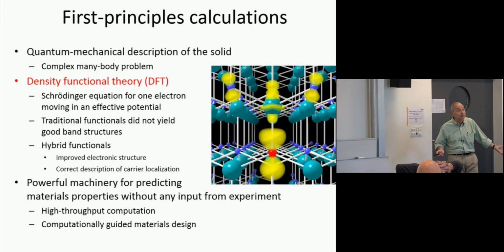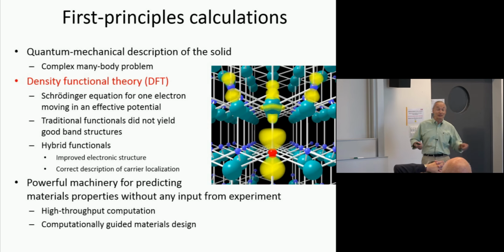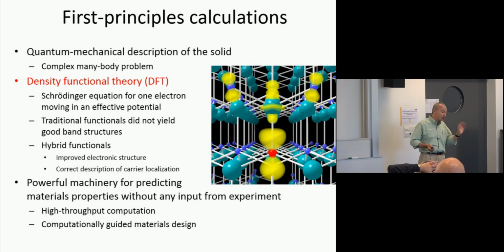And what you need for that is to do quantum mechanics on electrons. And of course, there are many electrons in the solid. So this is a horrendously complicated many-body problem, which you cannot possibly solve exactly. You can solve the hydrogen atom exactly. You can solve very small molecules more or less exactly.